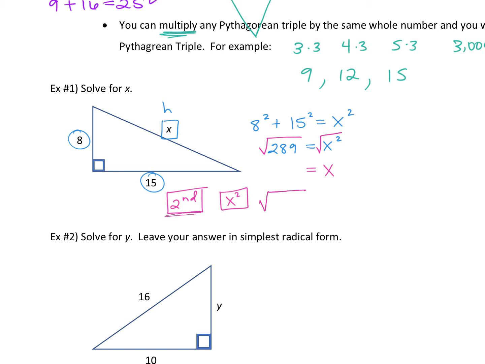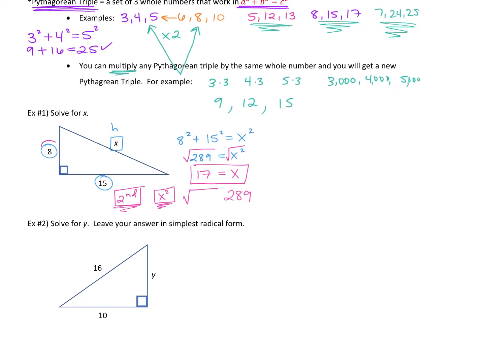But if you hit second, and then I think that button, and then you just type in 289 and hit enter, this will tell you the square root of 289 is 17. Okay, what that means is 8, 15, 17 is a Pythagorean triple, okay?